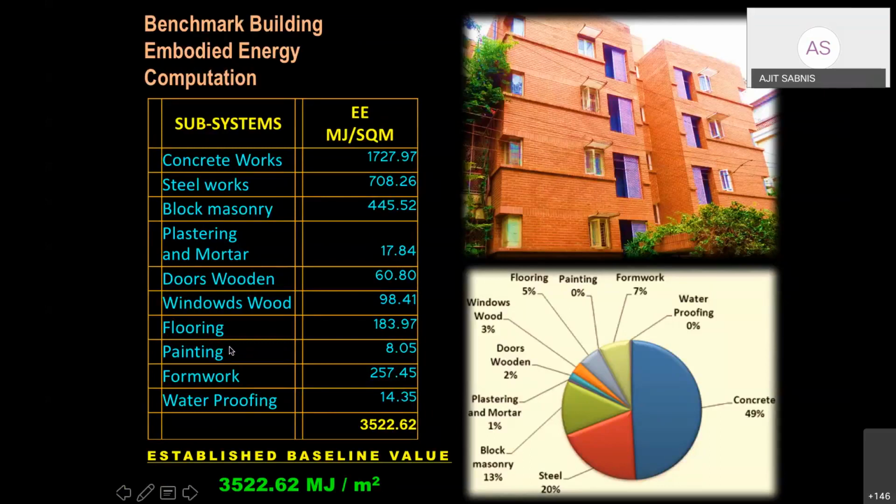There is not much we can save on painting; we may use low VOC paints, etc. Painting is taken not from the sustainability point of view, but most times from the health point of view and the indoor air quality point of view. So this is the embodied energy scenario of the benchmark building.